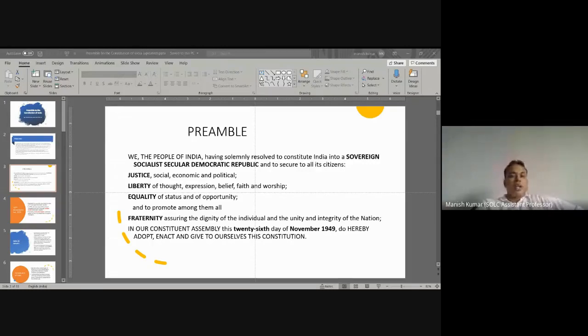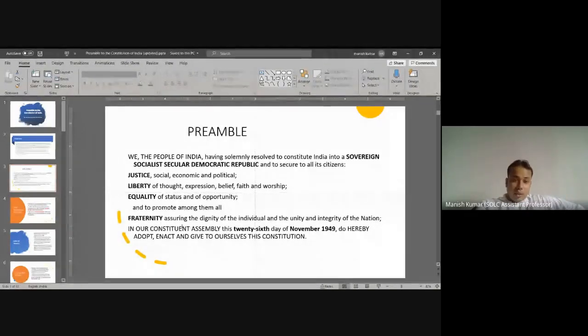It is, of course, not enforceable in a court of law, but the preamble is still a very significant part of the Constitution.